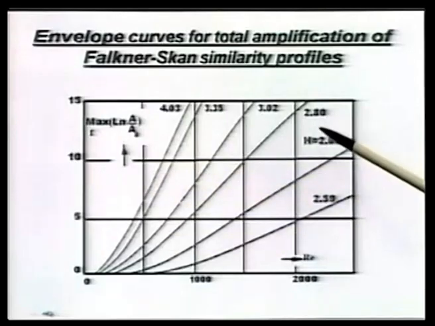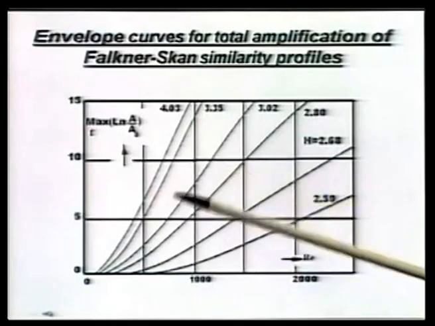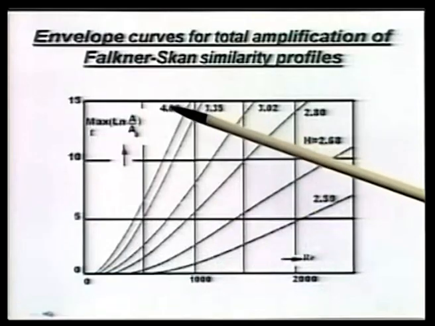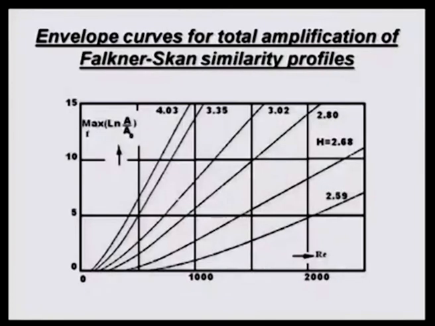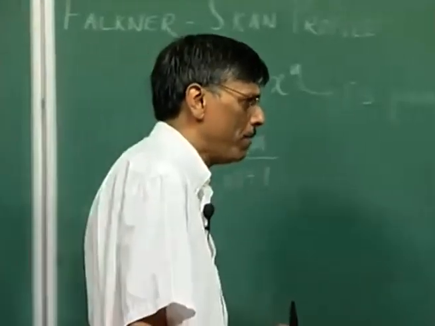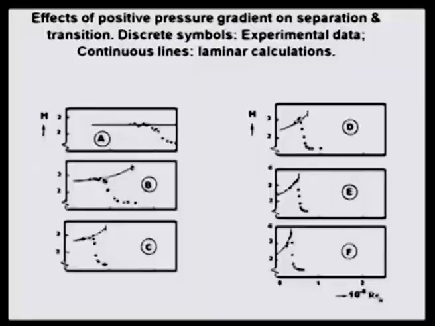So, if you look at 2.8, it is so unstable, right, and as you approach the incipient separation profile, you can see it basically virtually goes up. So, one should be in a position to talk about flow being stable or unstable by looking at the local pressure gradient. We are essentially studying the effect of pressure gradient on flow instability, right. That is why we are considering all these flows.